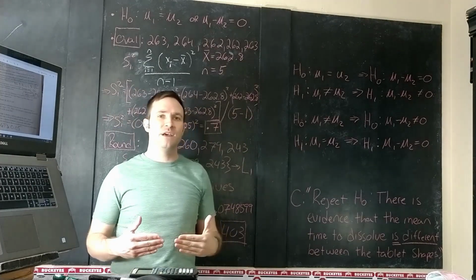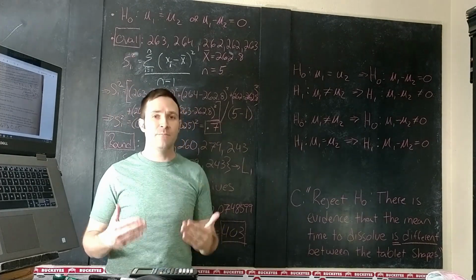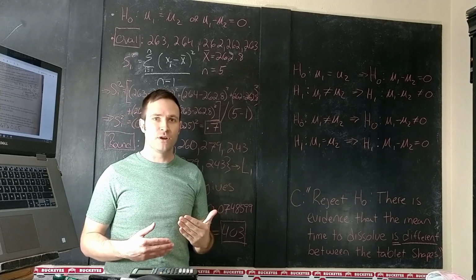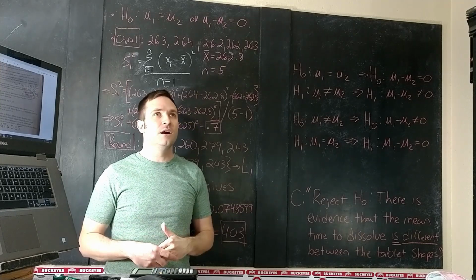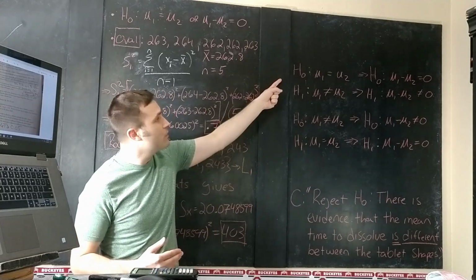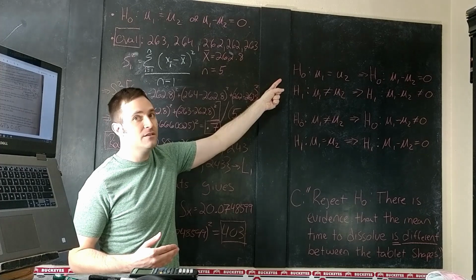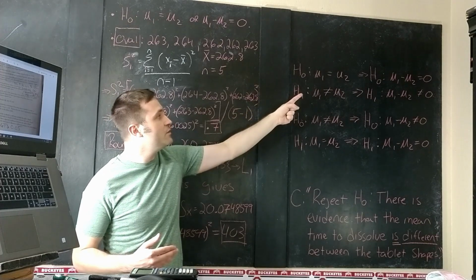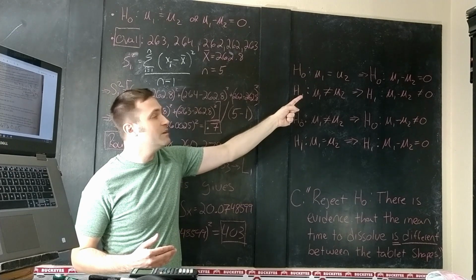Now, in order to perform a hypothesis test, we need to test a population parameter against a value. So we're going to rewrite the null hypothesis to state that the difference between the two population means is equal to 0.